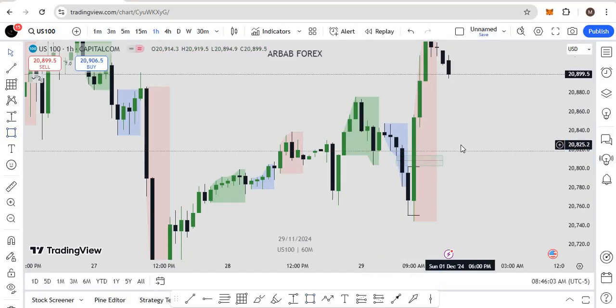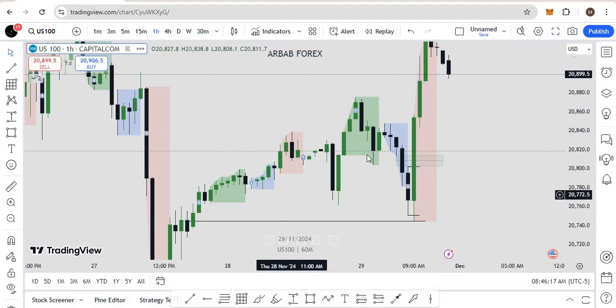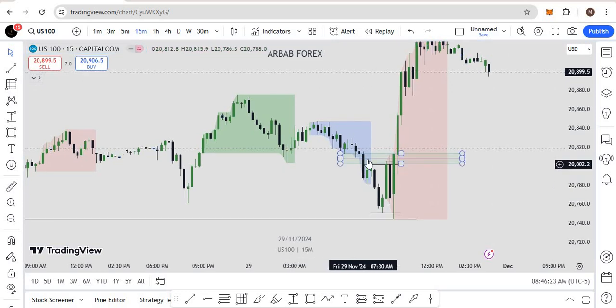So I can anticipate that if price comes to this fair value gap area, I can take a short entry. And where to target? We have this liquidity here, we have this order block. And you have another confluence with the 15 minute. We have this fair value gap of the 15 minute, and these are resistance.